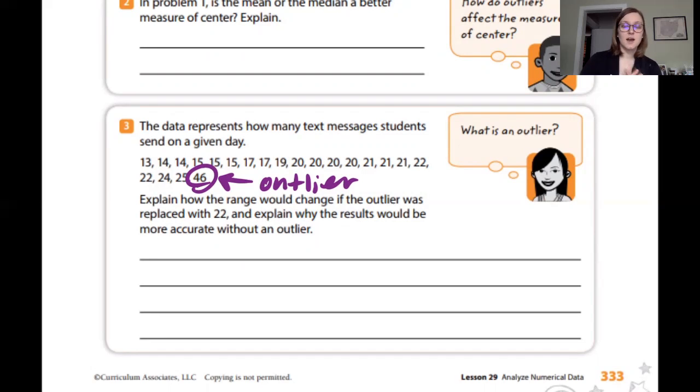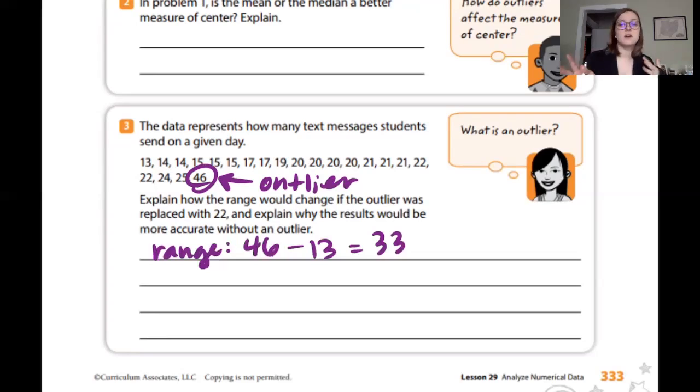So our range is also going to be affected by an outlier because my range, remember, is the difference. So that would be 46, my biggest number, minus 13, my smallest number. Okay, and if I subtract those, this would be 33. So the range is saying, well, most of my data, or all my data, is between 33 text messages from the smallest to the biggest.